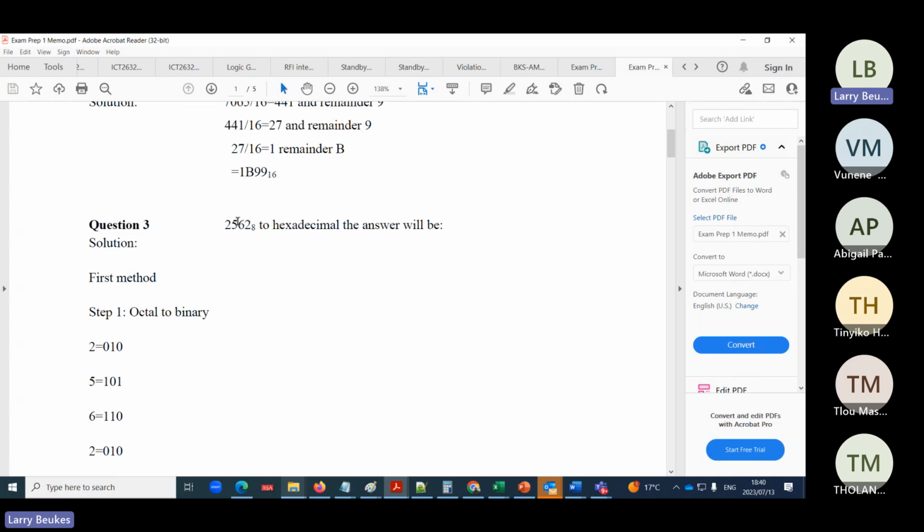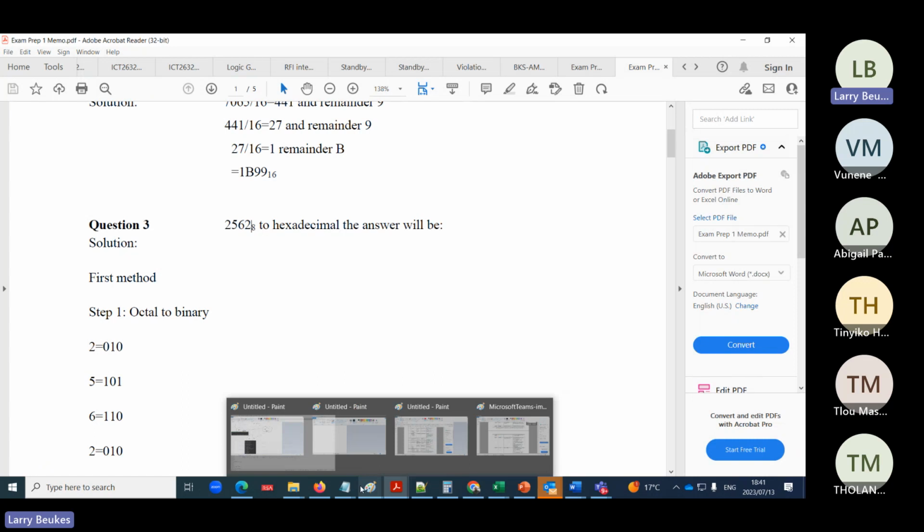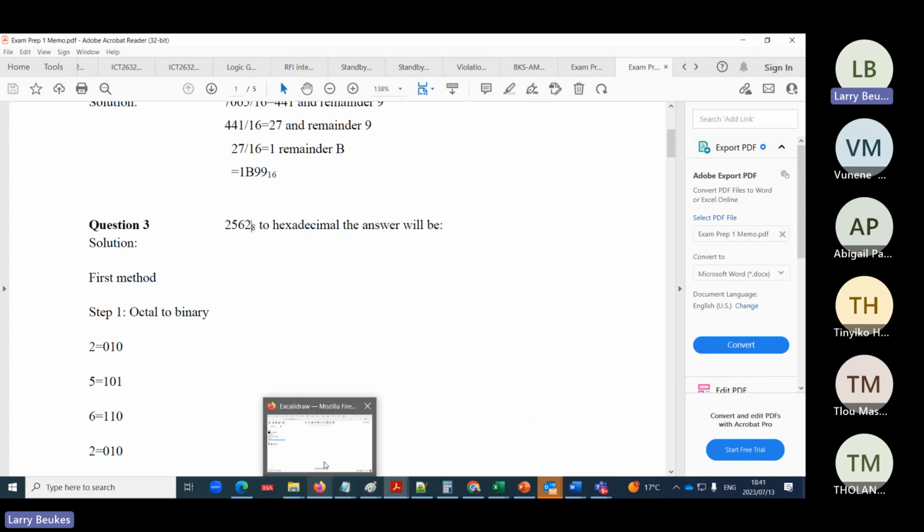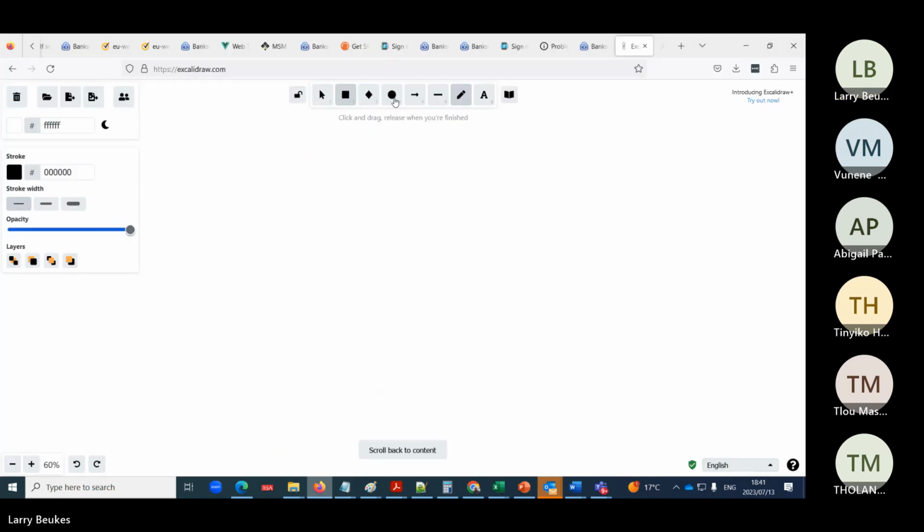For your octal conversions, remember what I said, octal is a group of 3, right? So why is octal a group of 3? Let's go back to our Excel draw. We have 3 bits grouped together, they make octal, right? 1, 2, 4. So this is basically 8 in total.